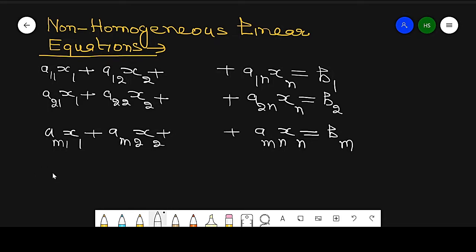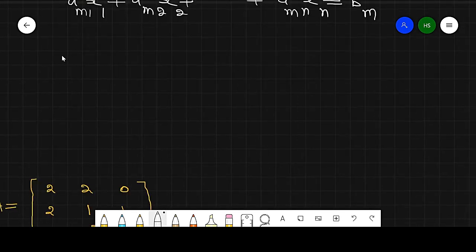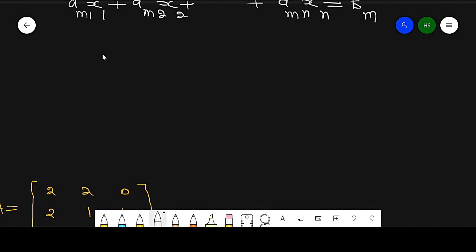This can be written in the matrix form, which is AX equal to B. So what is the A matrix?